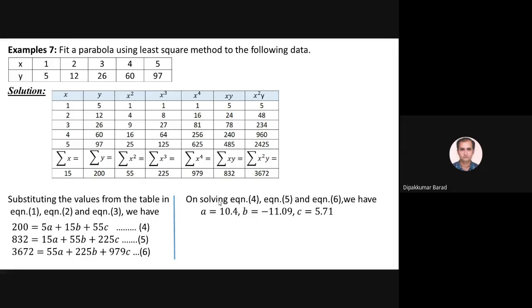So now you know how to find the quadratic equation by using the least square method for given data. And here you get this quadratic curve y equal to 10.4 minus 11.09x plus 5.71x square.